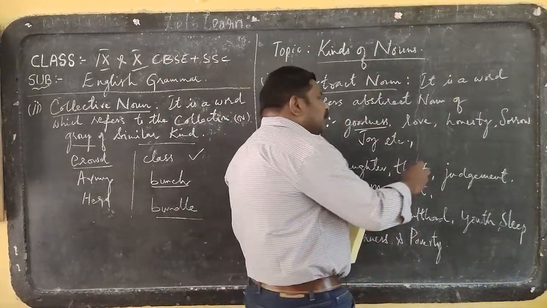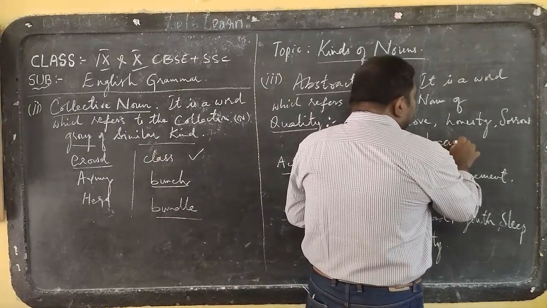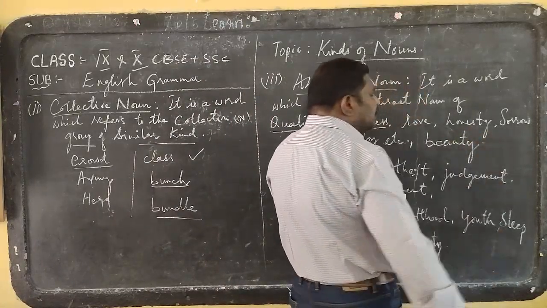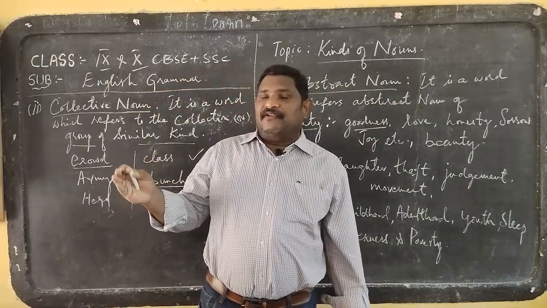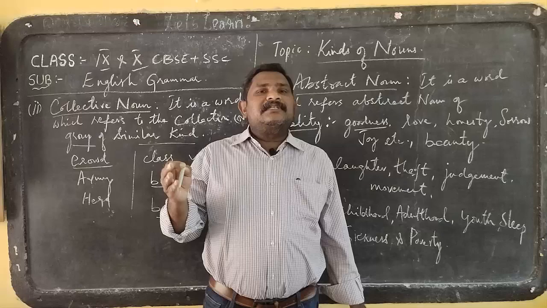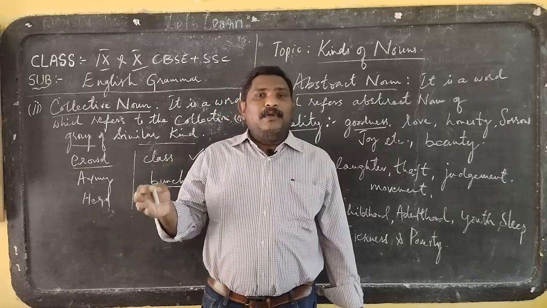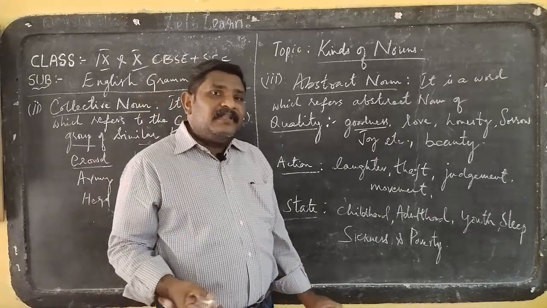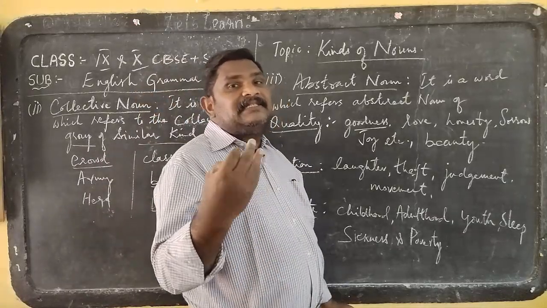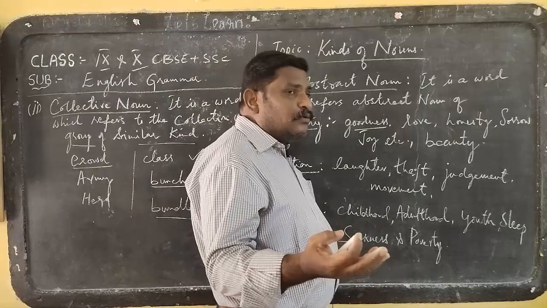Now beauty. Beauty is another quality. If I say a rose is a beautiful flower, beautiful is used as an adjective. Then what is beauty? Beauty is a noun. What sort of noun?